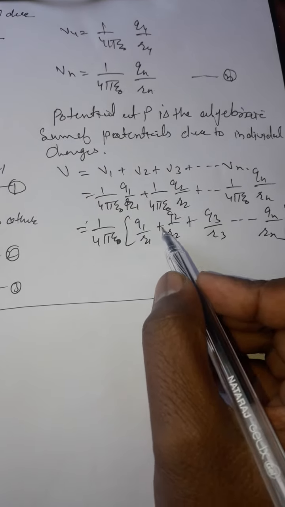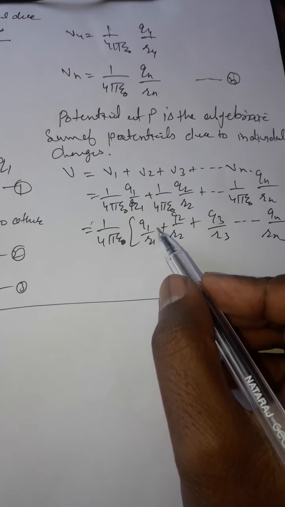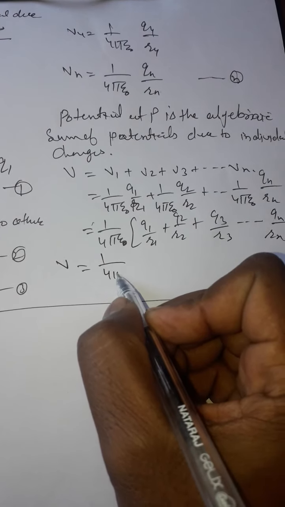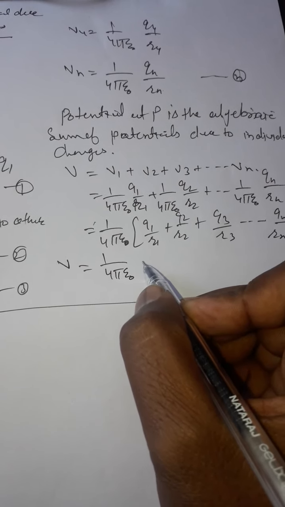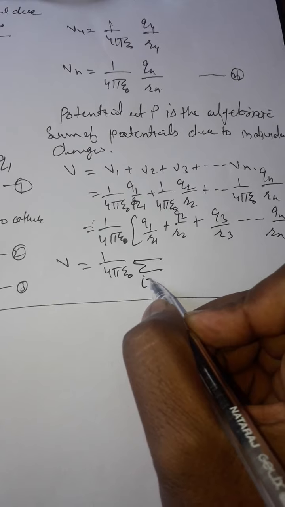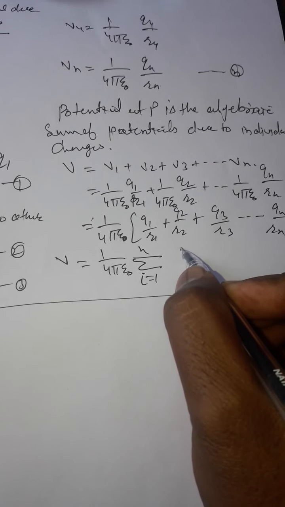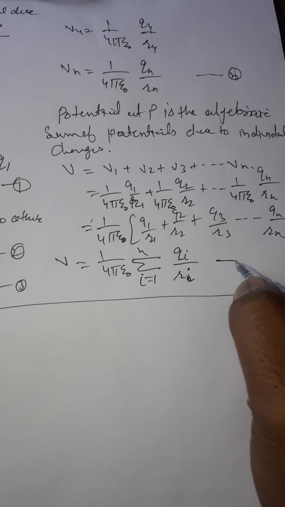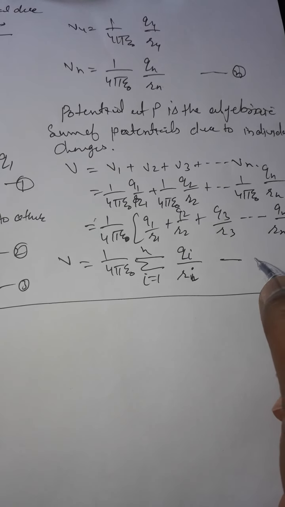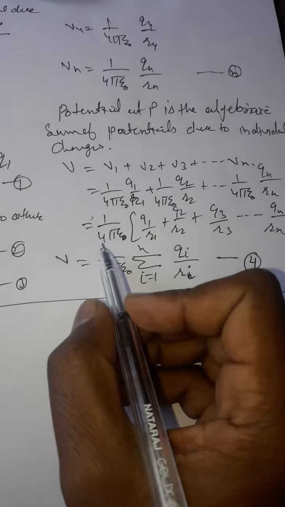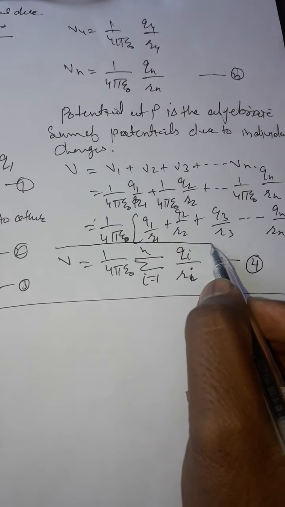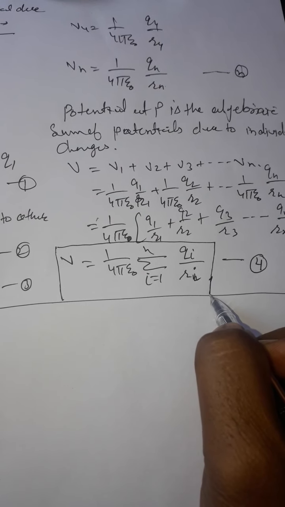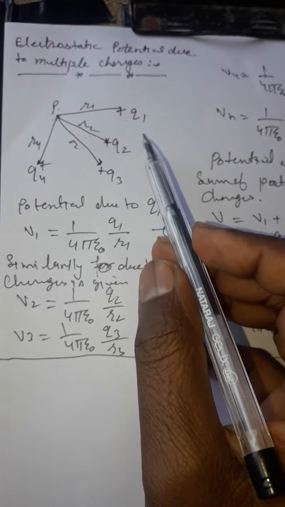Now, this sum can be written as the summation of Qi upon Ri. So, V is equal to 1 upon 4 pi epsilon naught times the summation, i goes from 1 to n, of Qi upon Ri. This is equation 4, the expression for the potential at point P due to a number of charges.